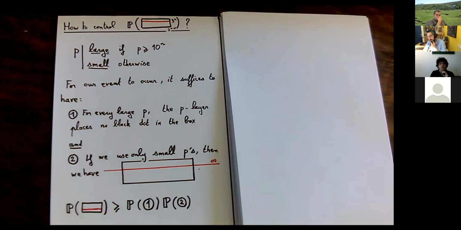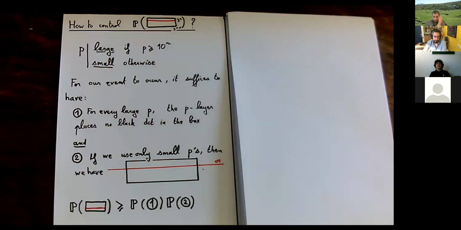And for our event to occur, it suffices to have the conjunction of the following two events. The first one is that for every large P, the P layer places not a single dot inside the rectangle we are looking at.